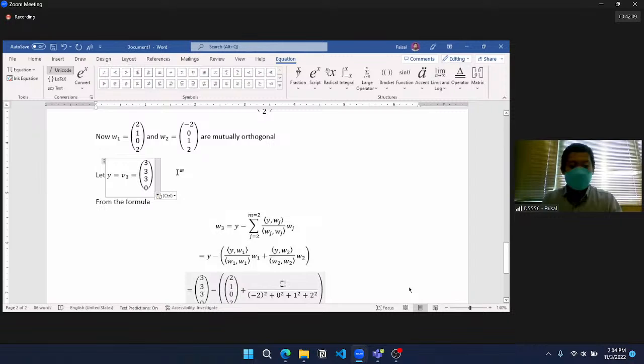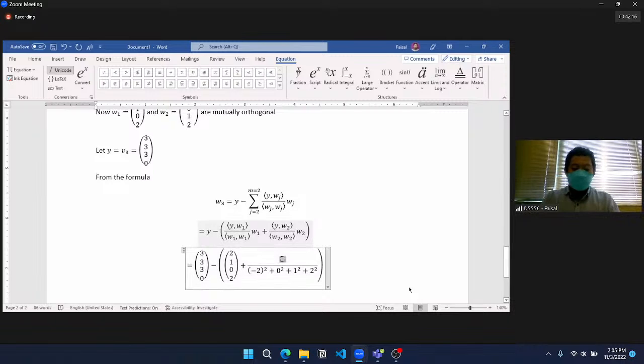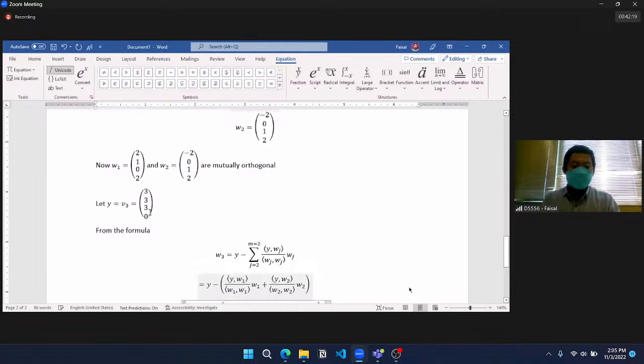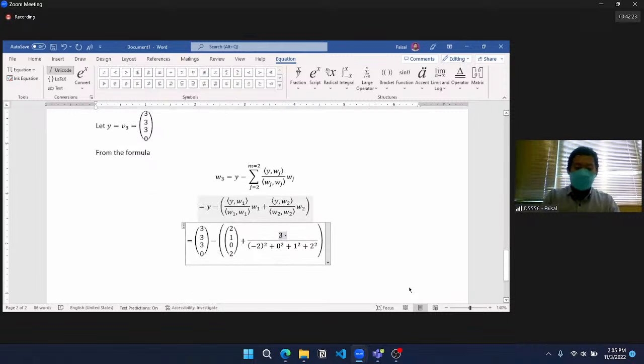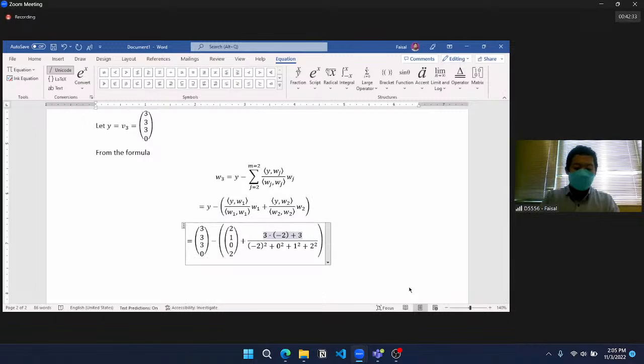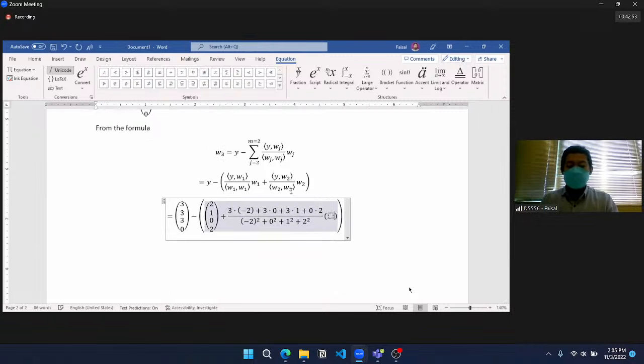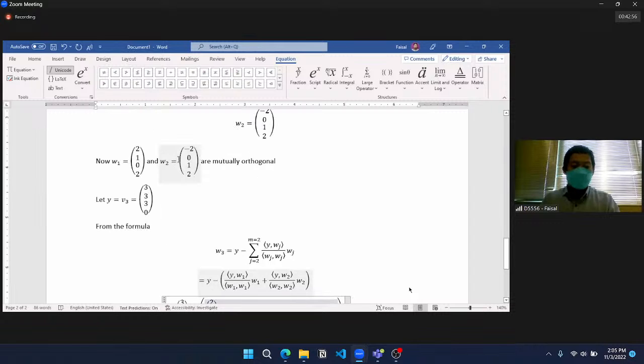So the dot product of Y and W2 is 3 times minus 2, plus 3 times 0, plus 3 times 1, plus 0 times 2, multiplied with W2.